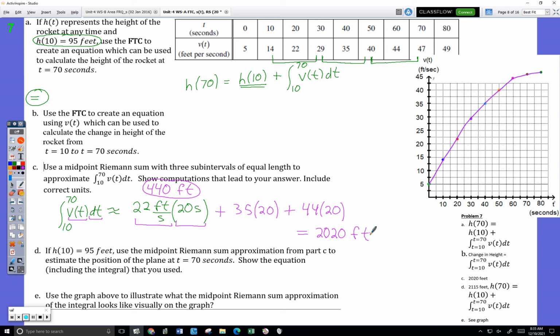Questions? Item D says estimate the position of the plane at time 70. Please raise your hand if you know what goes in this purple box. And for hands, what goes in the purple box?